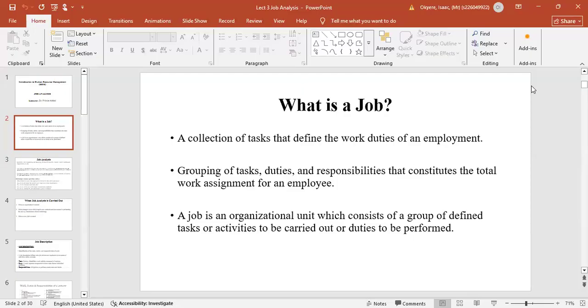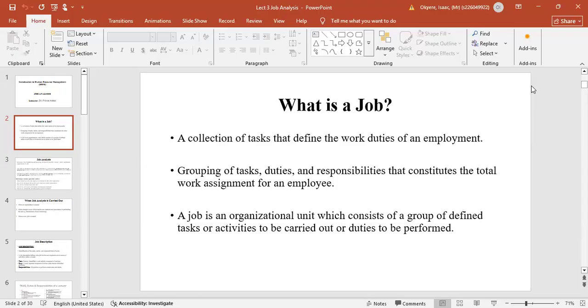Are you okay? Yes, please. Please come again. So I said job analysis can be defined as the procedure for studying jobs, or a collection of tasks that define your job duties.